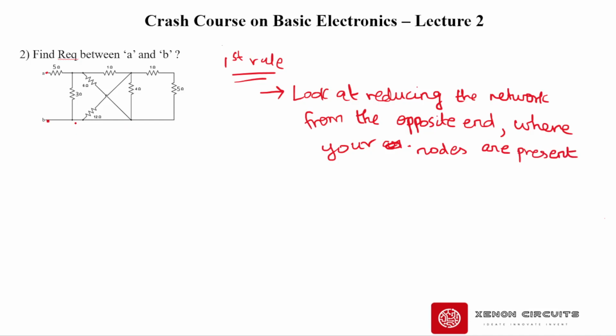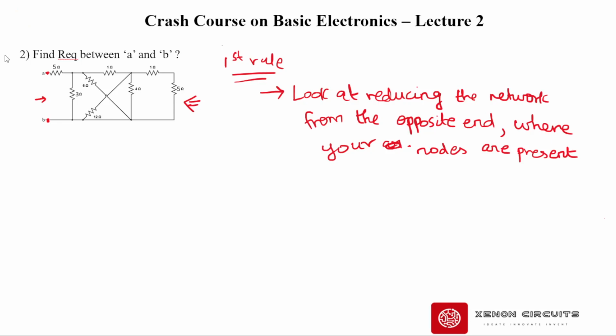So in our case, we have to find the R equivalent between the nodes A and B. So this is the end from where we are looking at the network, but we have to approach by reducing the network from the opposite end, which is this side, right?